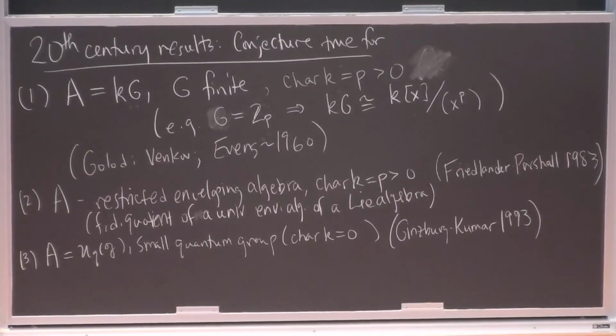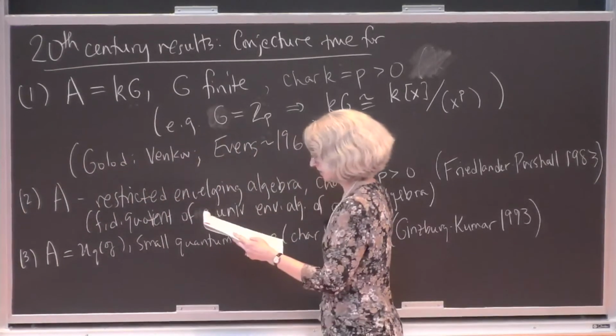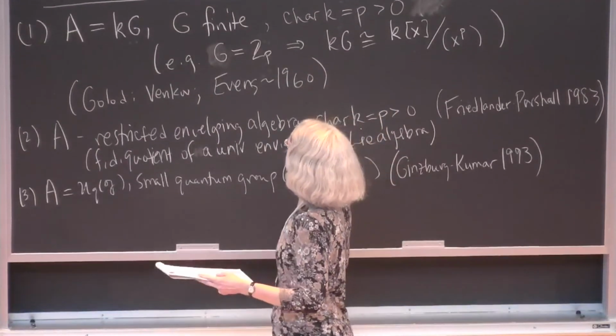But that was the result. Remember, the generators were skew primitive, in the sense that the comultiplication looked sort of like a Lie algebra comultiplication, but you had some extra group elements coming up. So that was a new type of Hopf algebra where it's known to be true.